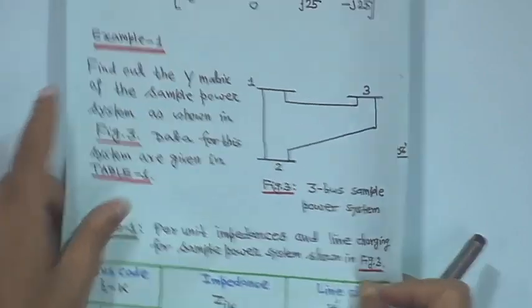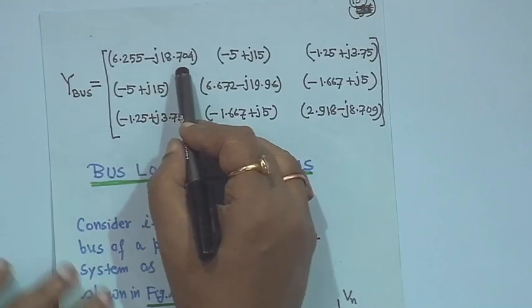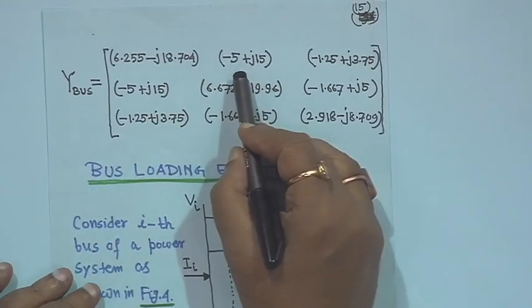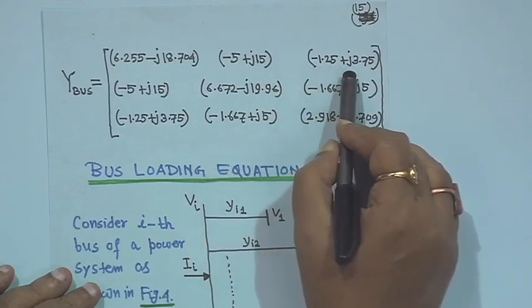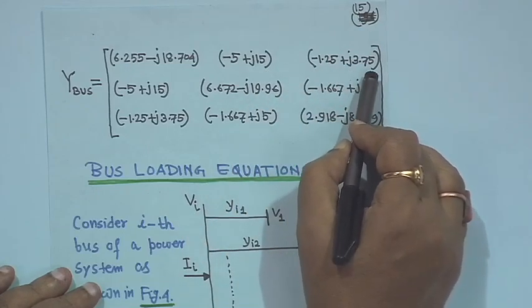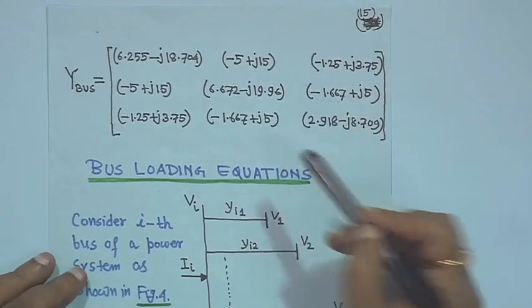So, all this then, the Y matrix will be 6.255 minus j 18.704, then minus 5 plus j 15, then minus 1.25 plus j 3.75, right. Similarly for the other rows, and you can check this.